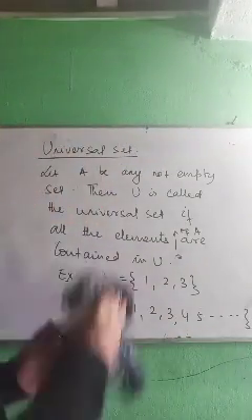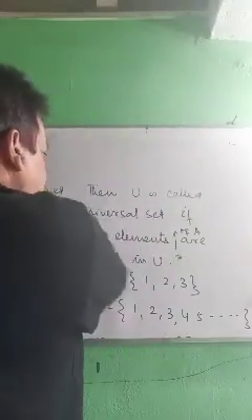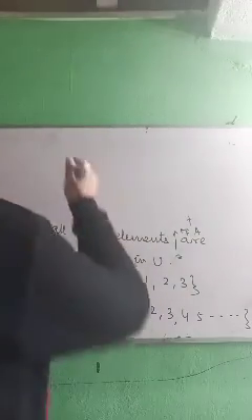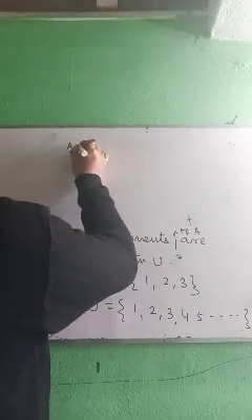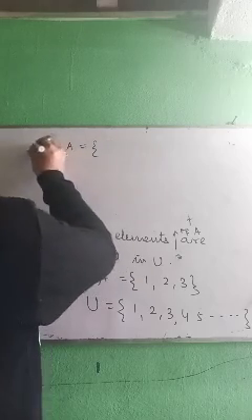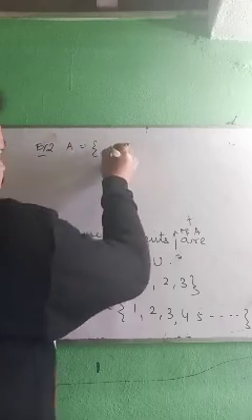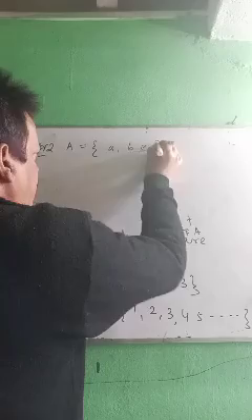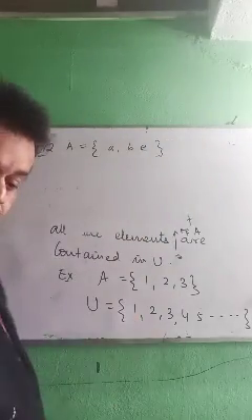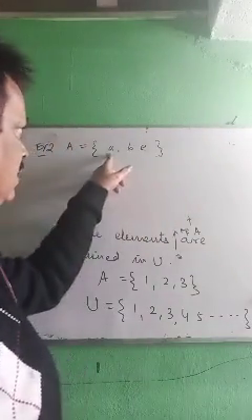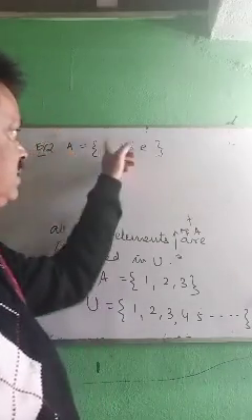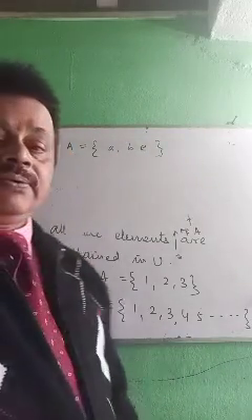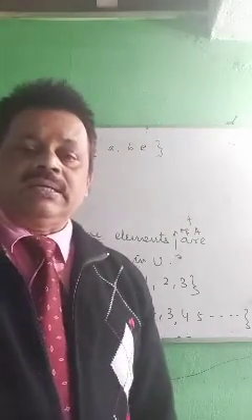Now similarly, let me take another example. Suppose A, B, E. These are English alphabets. So these elements are contained in the set of English alphabets.